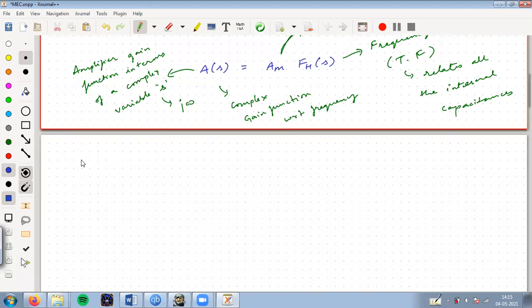FH(s) you can write generally in the form of poles and zeros.